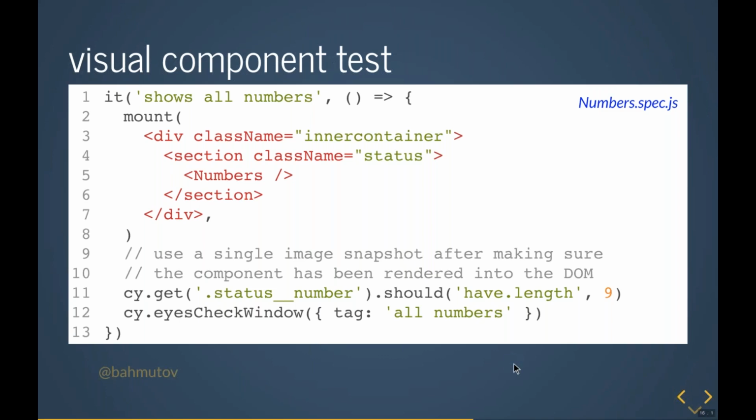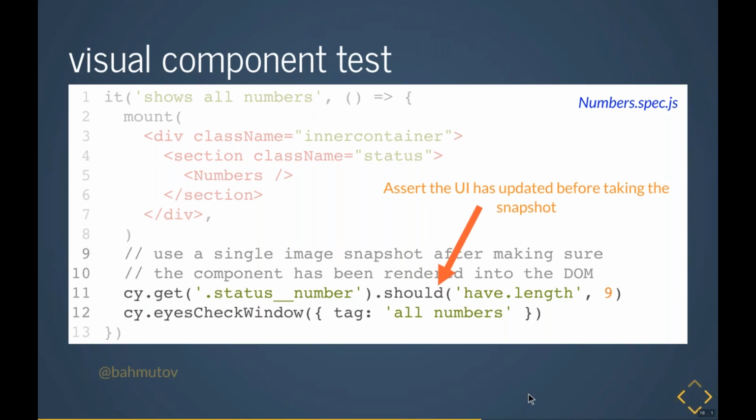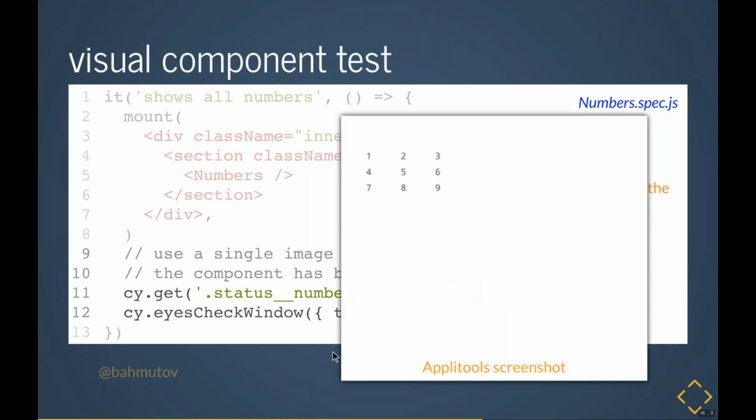Because Cypress is so fast, sometimes if we do an eyes check window immediately, the component won't render. So we use Cypress itself to ensure that the component is rendered by using should have length 9. It basically uses Cypress's auto retry feature to ensure that the component really is rendered on the screen. And then we do the eyes check window, and what we will get is component testing of that specific component.